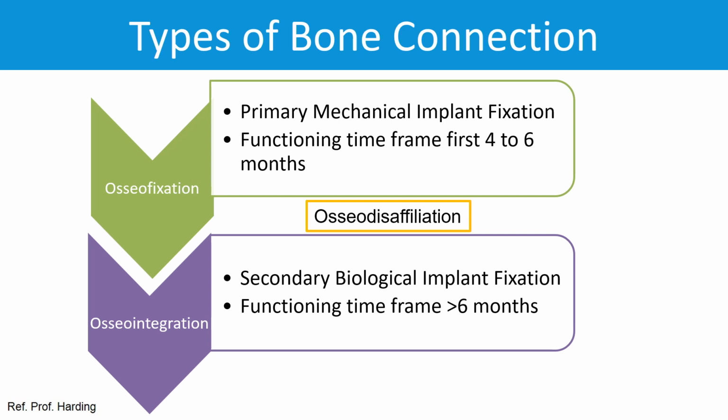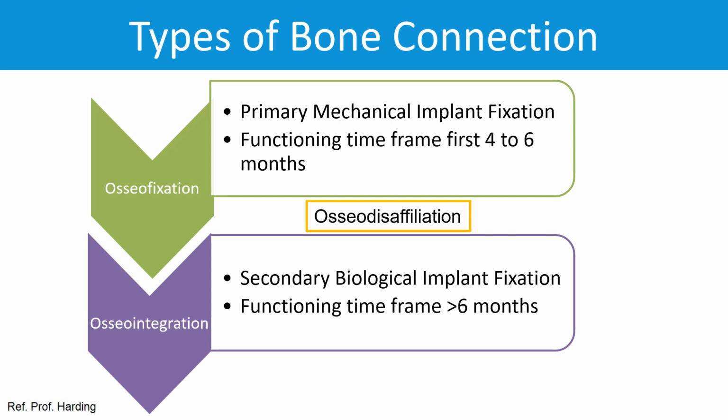Now, this is a secondary biological implant form of fixation, and this normally starts to become stronger after a 6-month period, and then is a dynamic process which is continually changing and altering in response to the loading or the bacterial environment and challenges. So we have these two types of fixation, starting with osteofixation, which is mechanical, moving on to osteointegration, which is biological fixation of our implant.